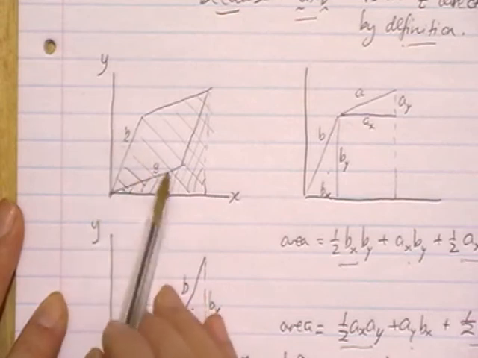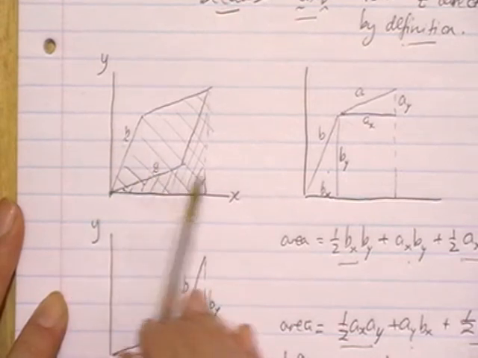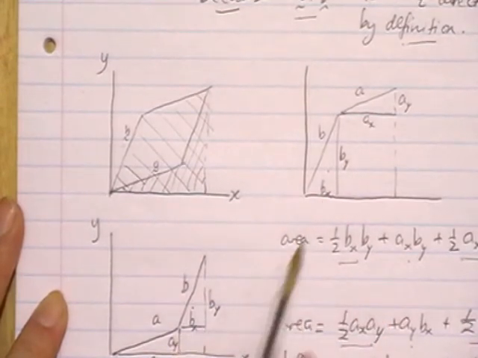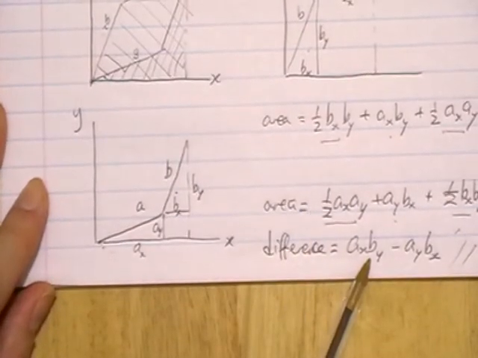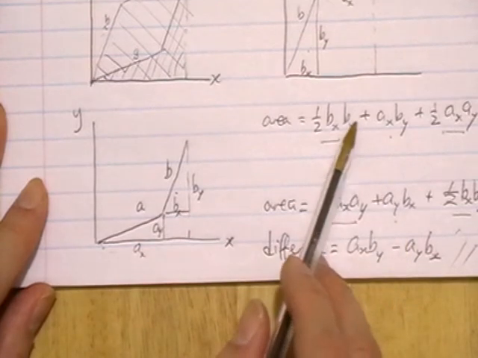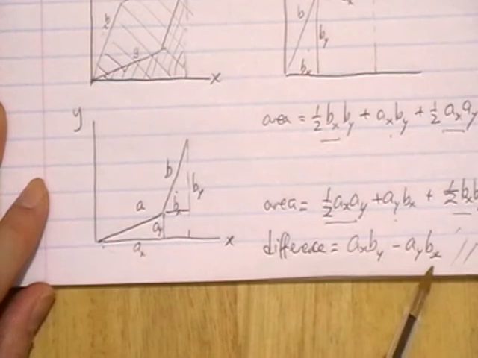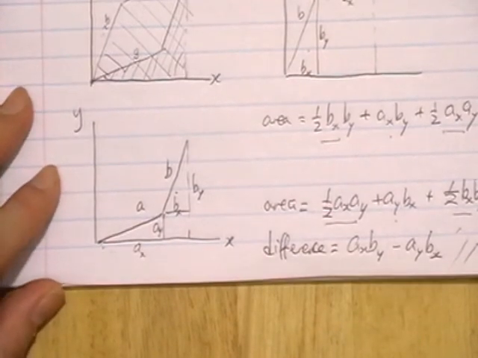If we swap the positions of A and B, then basically that bigger area becomes the smaller area and the smaller area becomes the bigger area. So when we subtract the two, I would end up with a negative answer because I would be taking a smaller area and subtracting a bigger area. So I'll end up with a negative answer, and this shows that it is still correct.